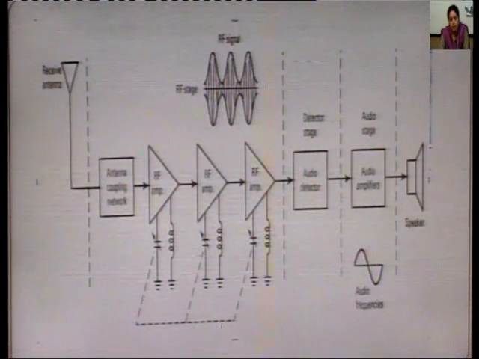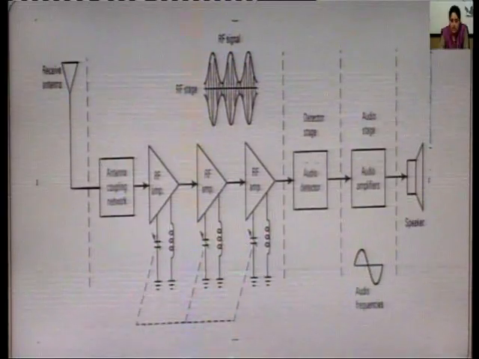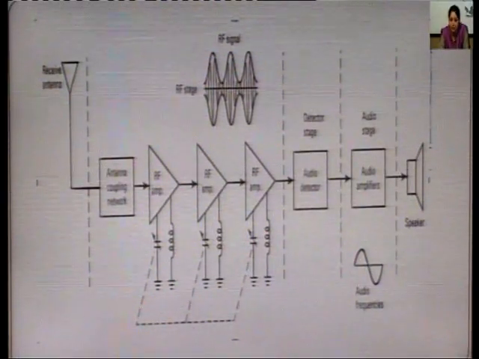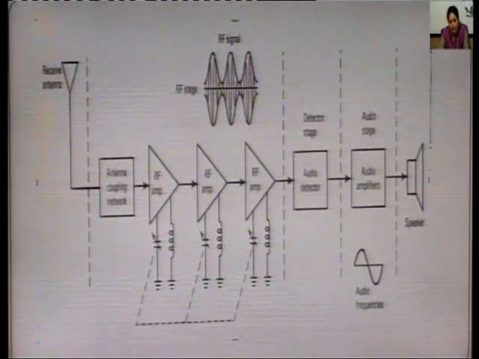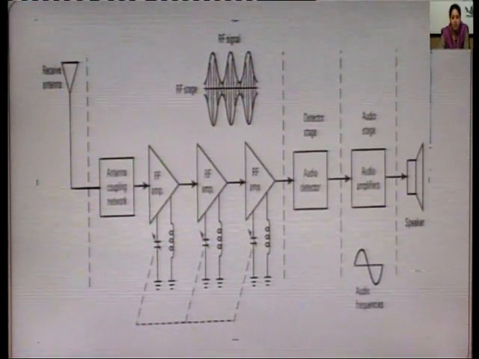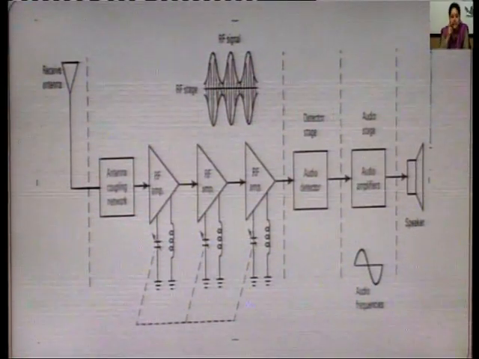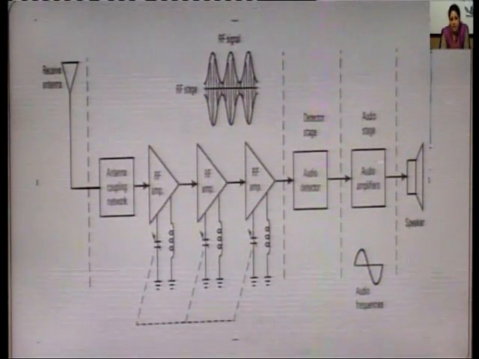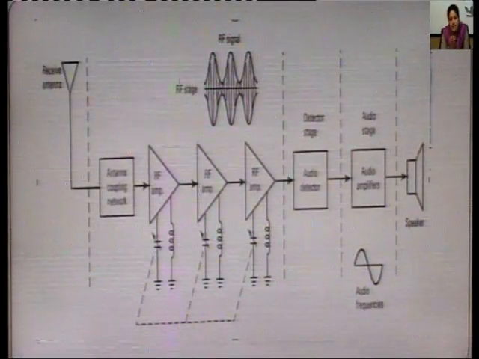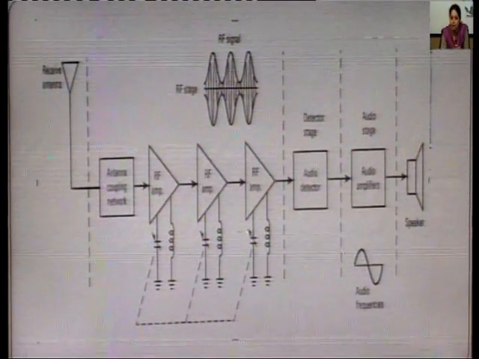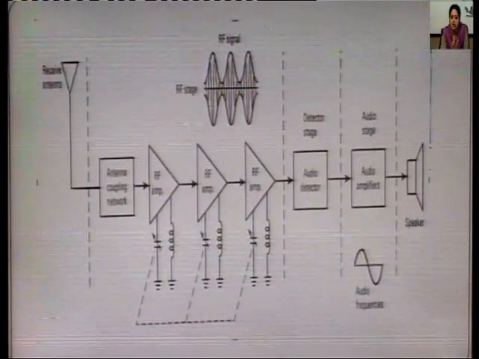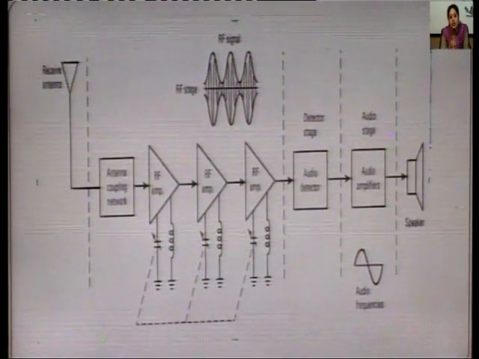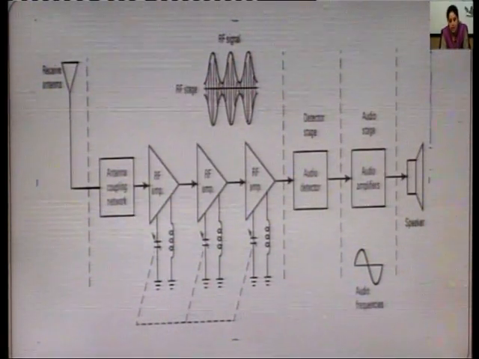After that you have more than one RF amplifier stage; here 3 RF amplifier stages are shown, and a gang tuning is provided between them. We will discuss what this gang tuning is. In short, it is simultaneous tuning of the various amplifiers or components of the device, so that a change in one component of the circuit causes a change in the other component simultaneously.